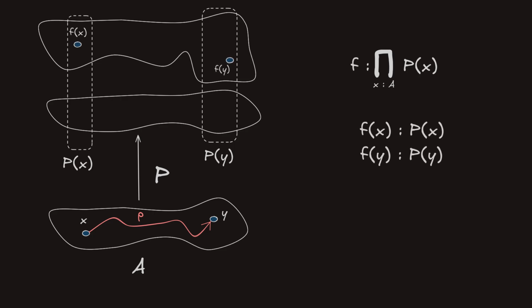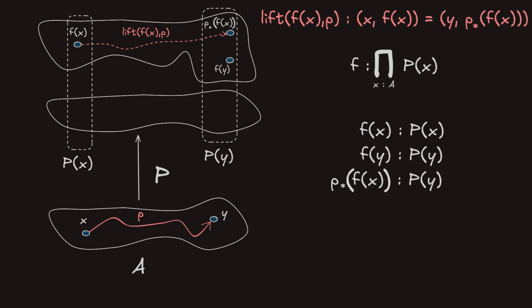One would assume that for f to be continuous, it should be possible to construct a path from f x to f y. But since f x and f y aren't of the same type, we cannot do so. However, we can construct a path in the total space from (x, f x) to (y, p star of f x).